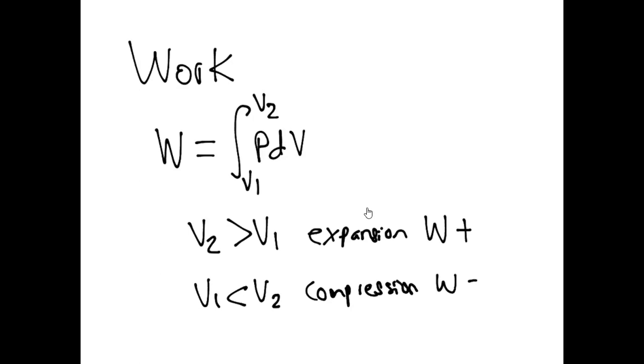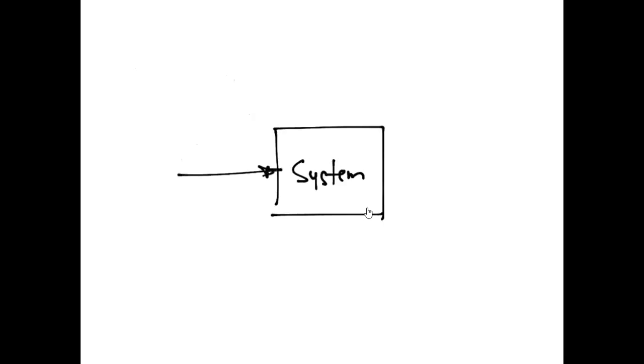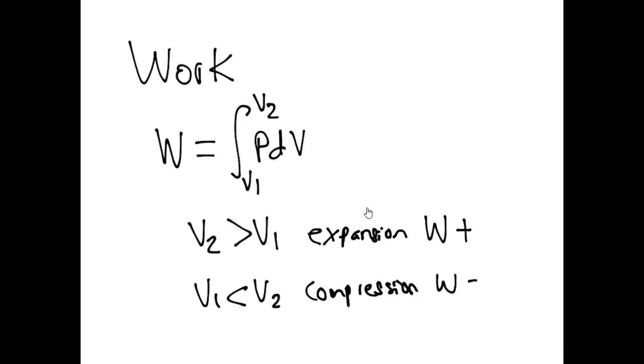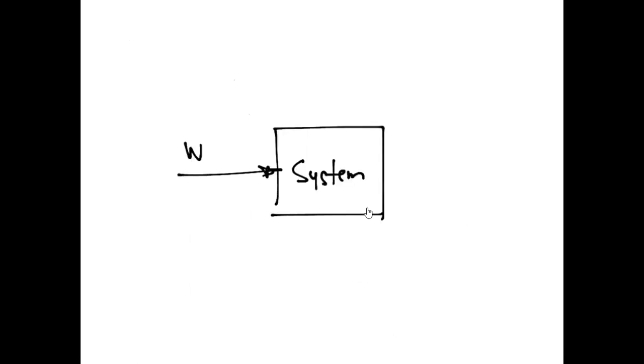So in this sense, if you have a system, you can compress the system, and you're introducing energy, but that's a negative work. So introducing energy through work is negative, and the system performing work is positive.